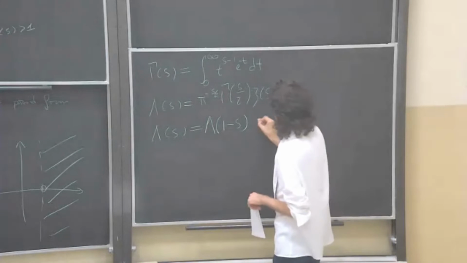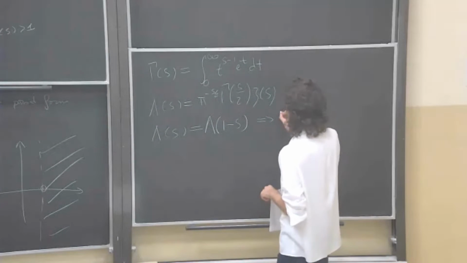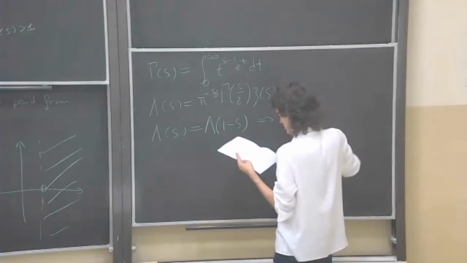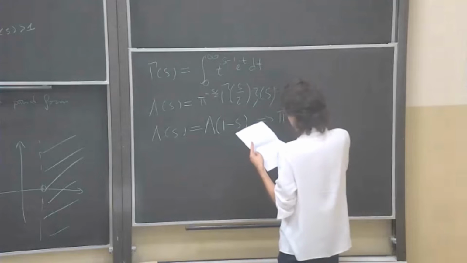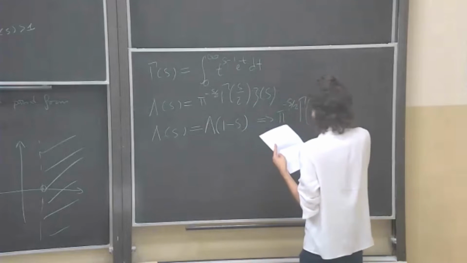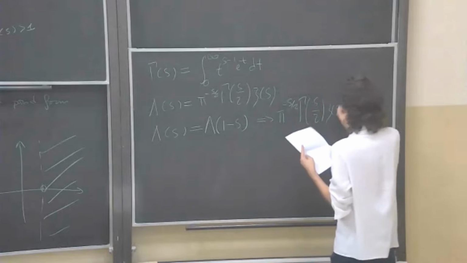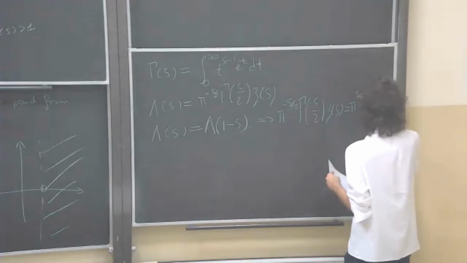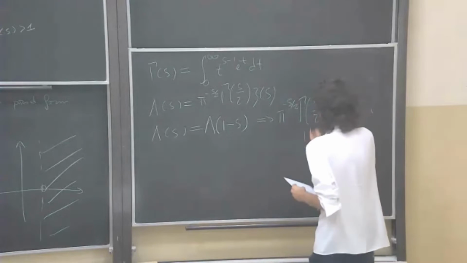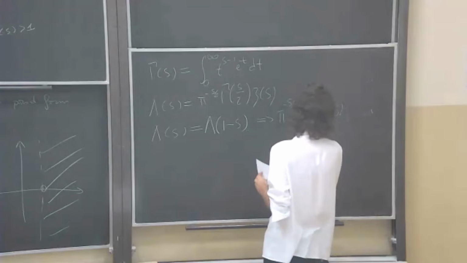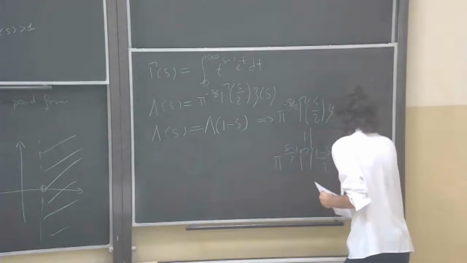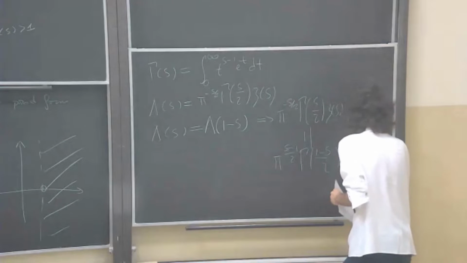And therefore, we get a functional equation for zeta, which is, let's write it this way, pi to the minus s over 2 gamma of s over 2 zeta of s equals pi to the minus (1 minus s) over 2 gamma of (1 minus s) over 2 zeta of 1 minus s.